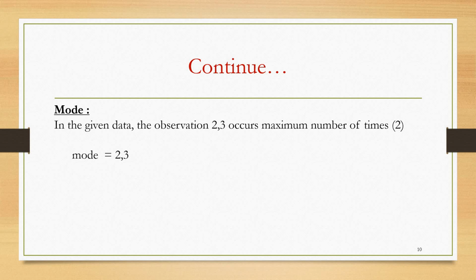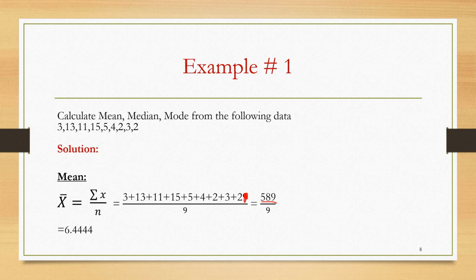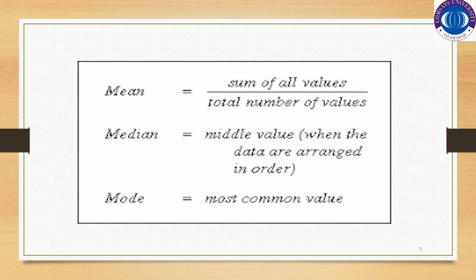And the third measure of the central tendency is the mode. What we have studied is that mode is the most common value or most frequently occurred value. The value that occurred maximum number of times.